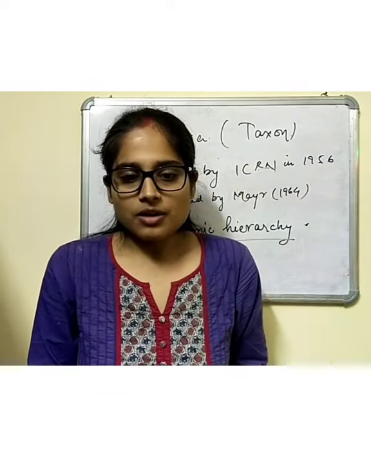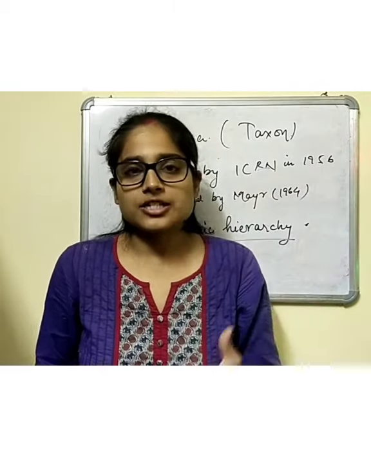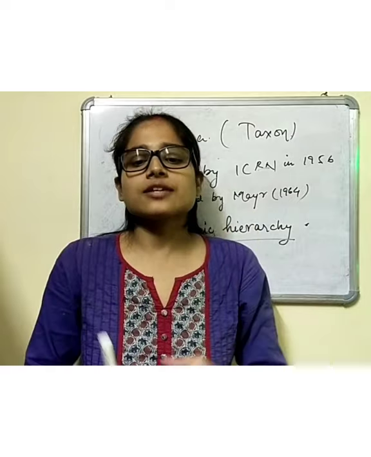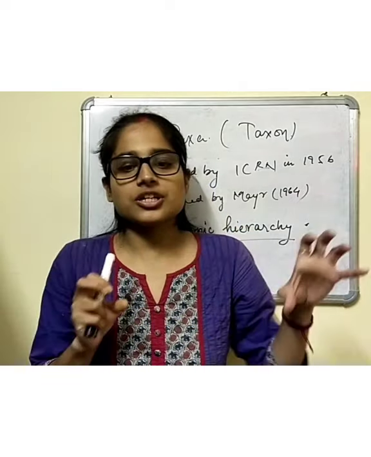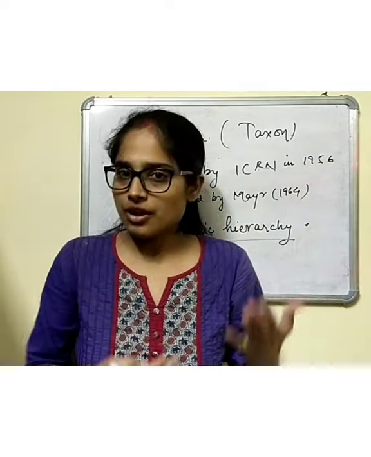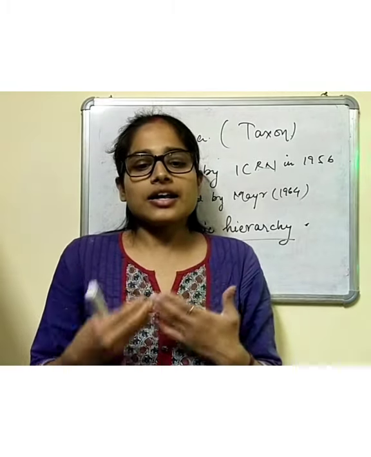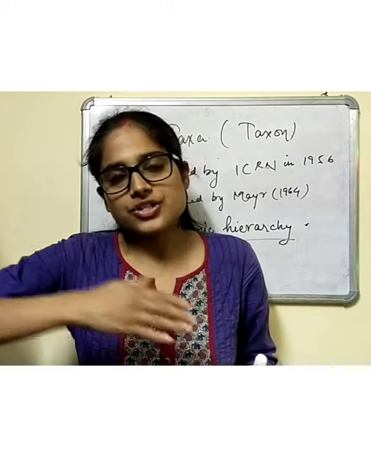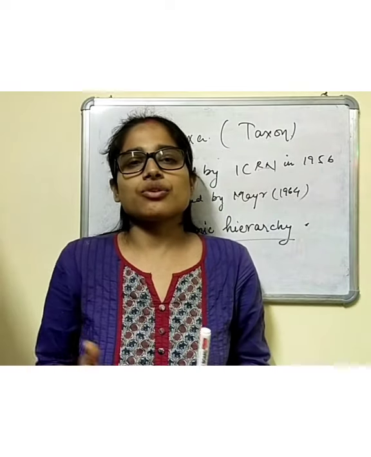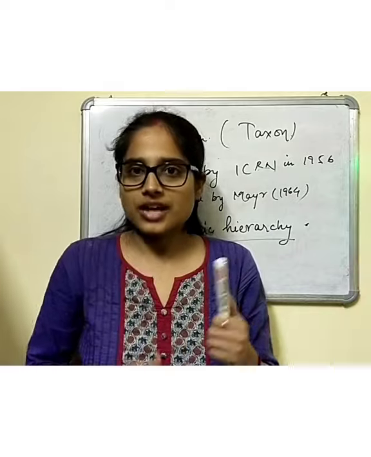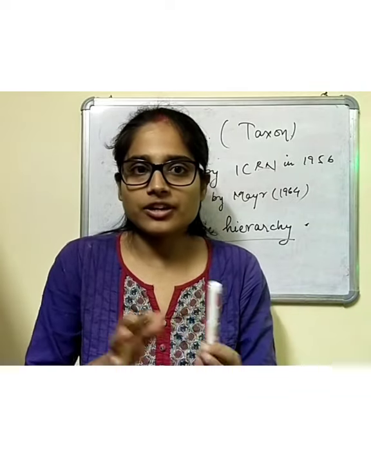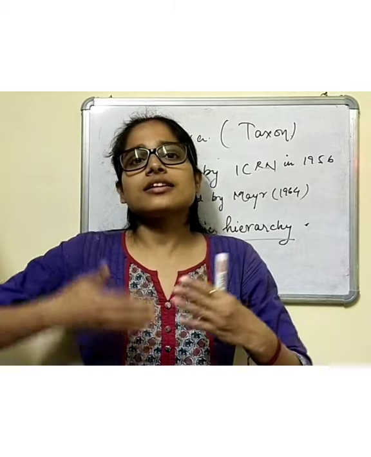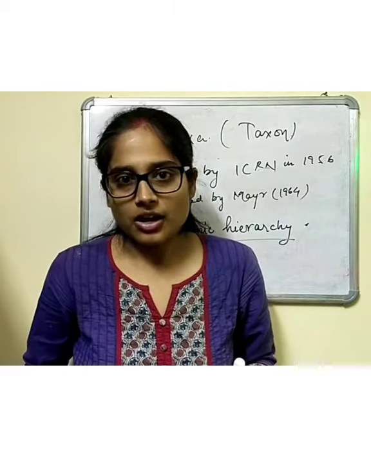Taxonomic hierarchy is a system of arranging organisms in a definite, particular sequence of various taxonomic categories, arranged in a proper way, in descending order.